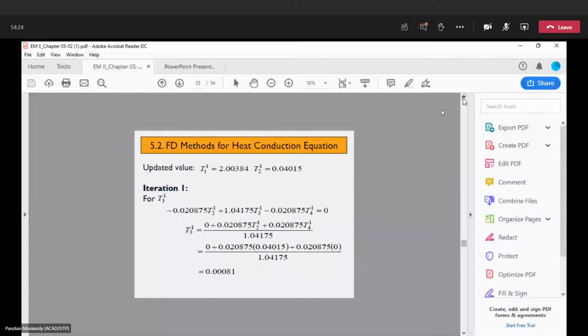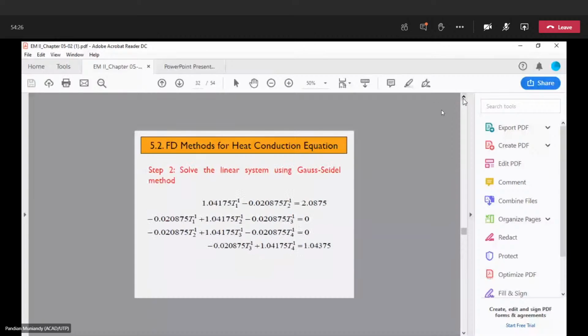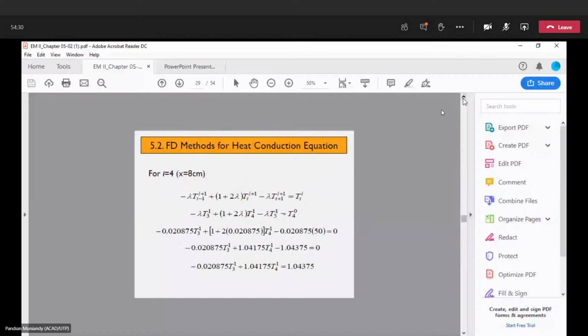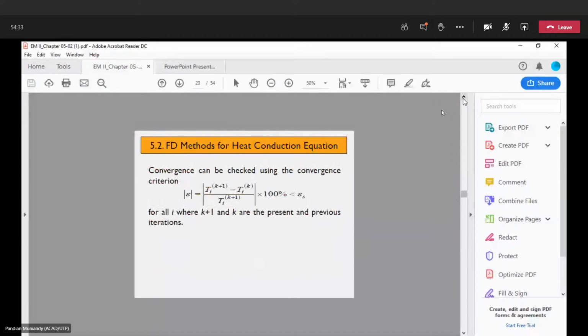So we already did this problem. I'm going back to the slide, slide 23. You see this one is nothing to do with the time level. The temperature T subscript I, superscript K, represents the iteration. So with one iteration, you cannot find the error.